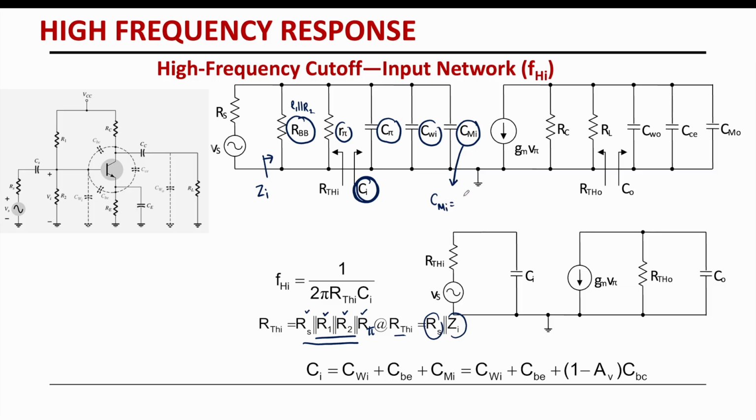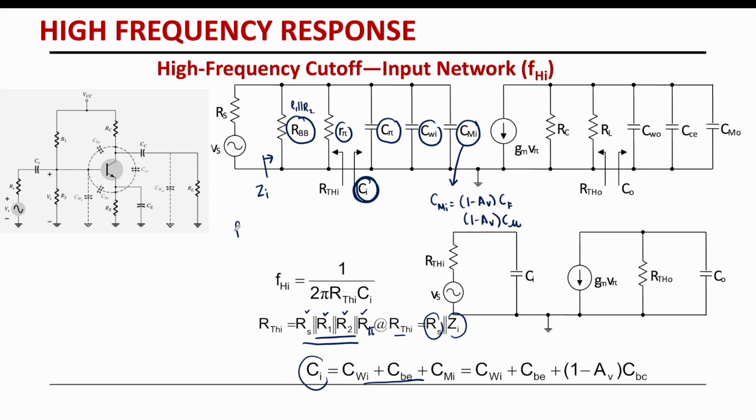CMI is equal to 1 minus AV times CF, or 1 minus AV times C mu. So don't forget about that. CF or C mu, usually all of these values will be given to you. The AV value will be given, the C mu value will be given, so you just add them together and you will get the value of C in.